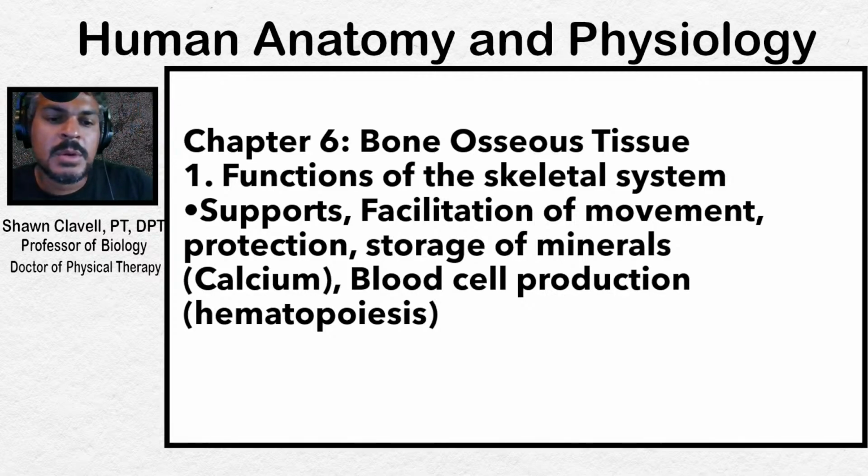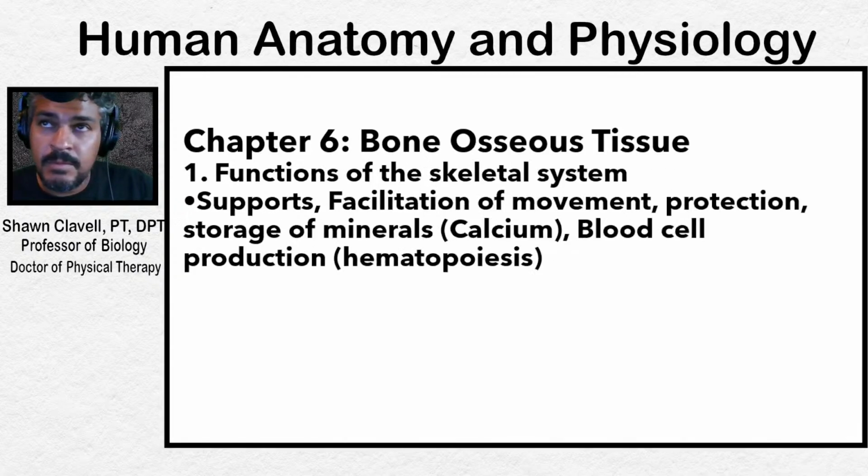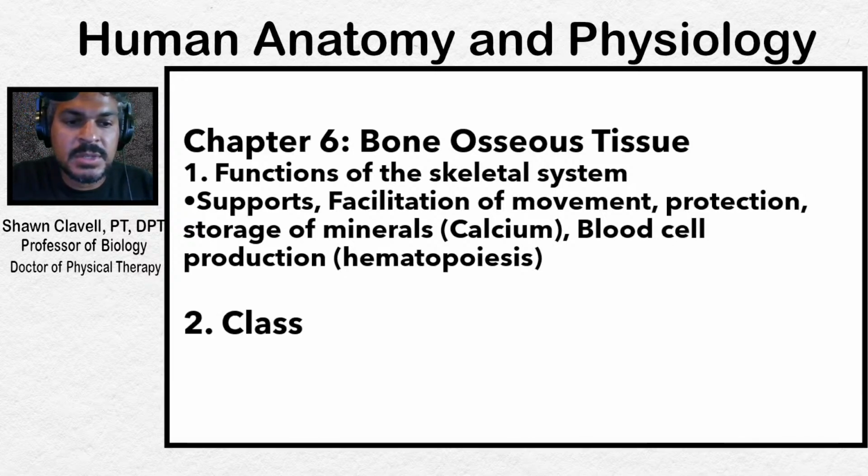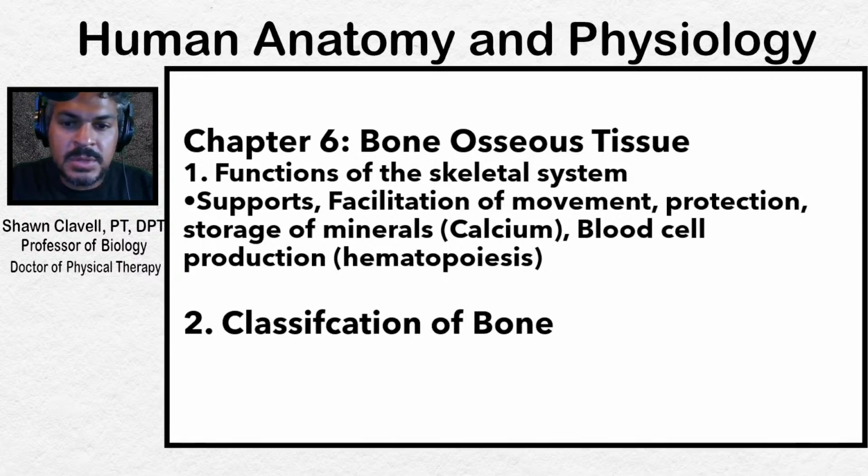Right? So we've got the functions of the skeletal system here. So bone or osseous tissue, the functions, the bone classification. So the second part here is going to be classifications of bones.